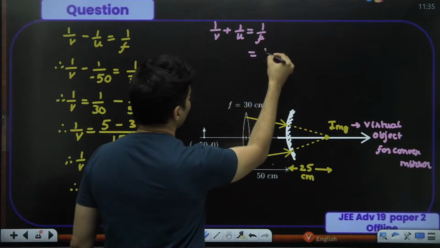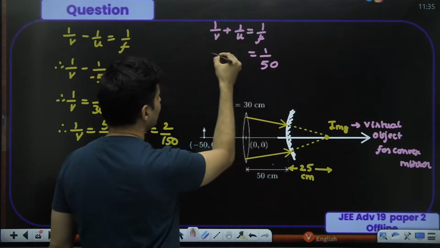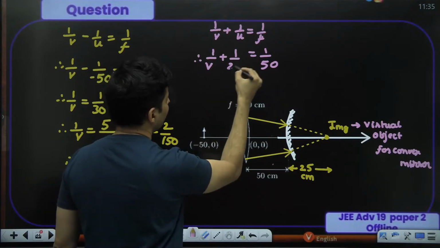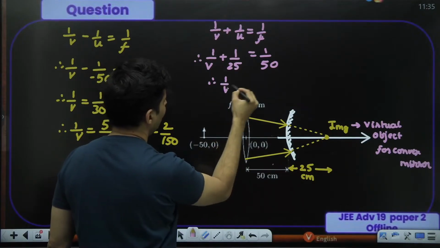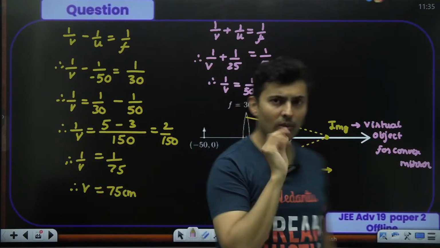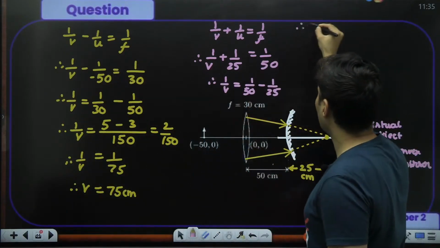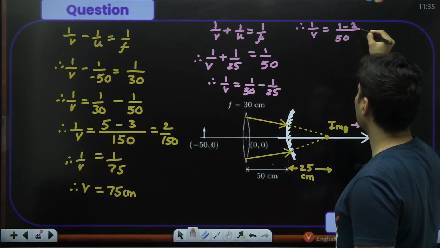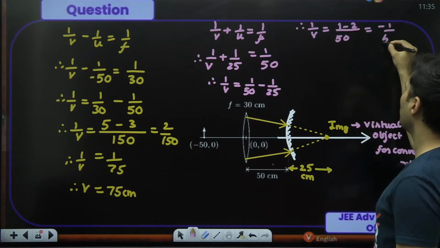So this is 1/50, positive because it's a convex mirror. Object distance is +25. So 1/v is 1/50 - 1/25. Observe this now. So 1/v is equal to, LCM is 50, so 1 - 2 is equal to -1/50.